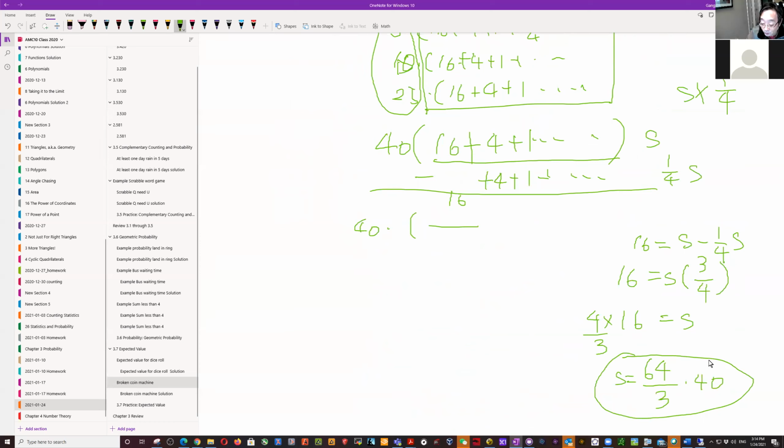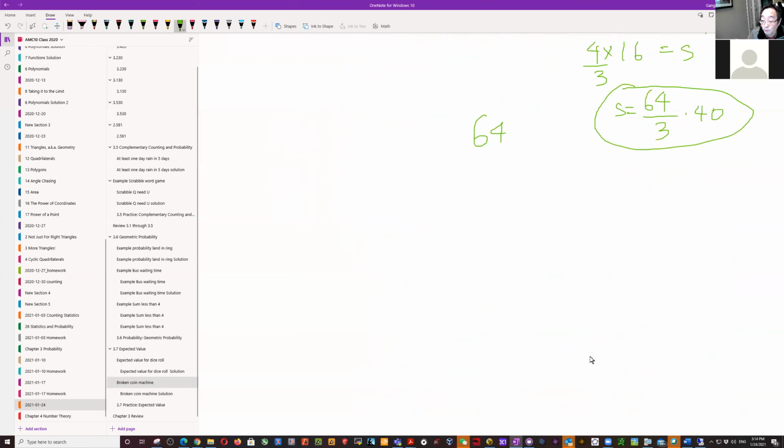Then, because we start from 64 pennies, you divide this by 64, and you actually will get this. So the expected return for each penny is going to be 40 divided by 3, because this number divided by 64 is 40 divided by 3. It's still going to be 13 and 1/3.